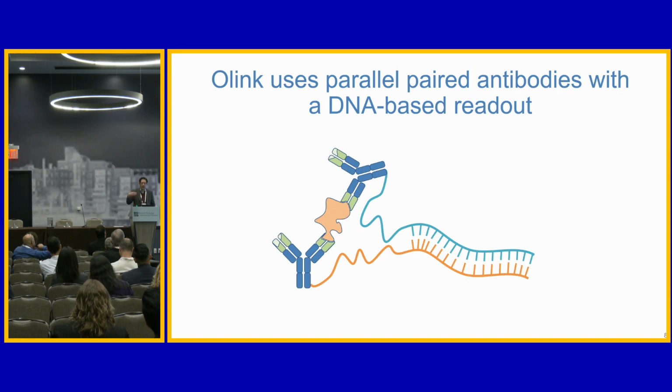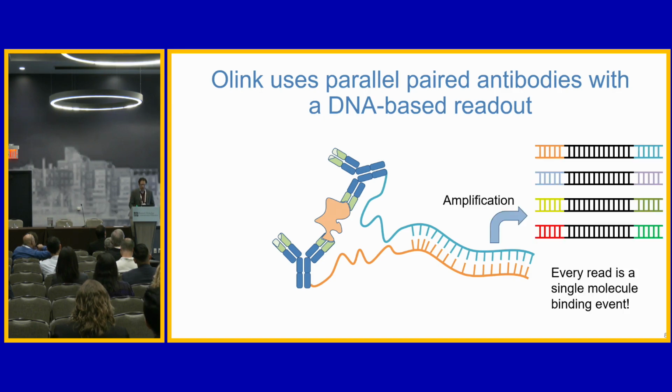And that readout of that specific sequence gives us an idea of how much of that protein is actually present. This is pretty similar to Alex's approach with Soma on just trying to use DNA sequencing or RNA sequencing as your readout of a proteomic measurement, right? And so Olink is going to be doing this with a two-binding event, essentially parallelized ELISAs.